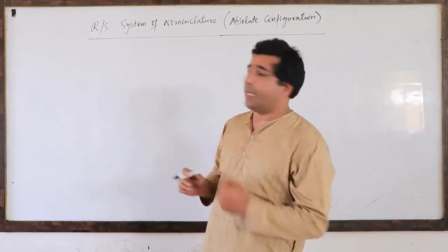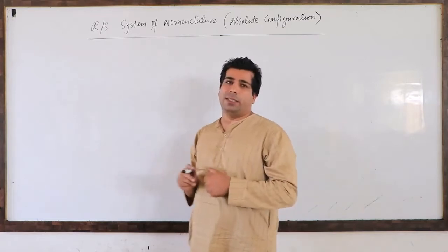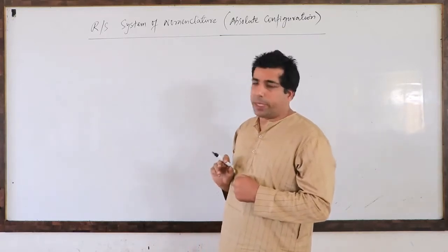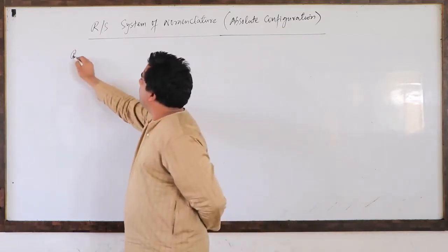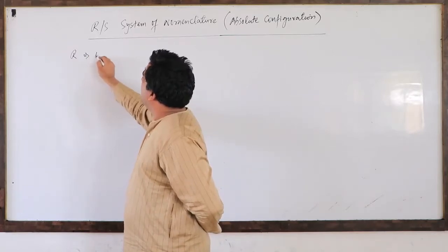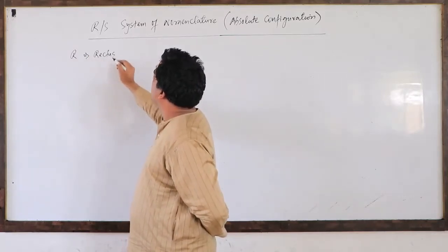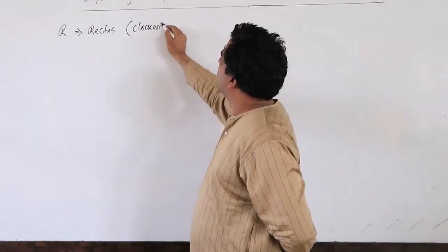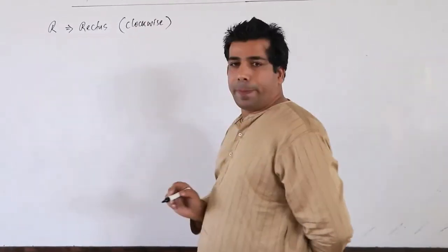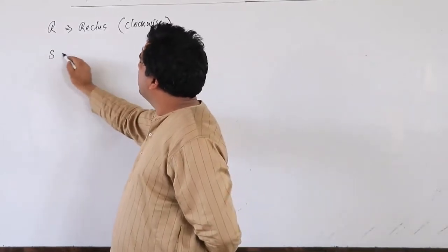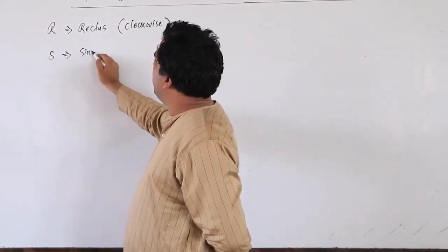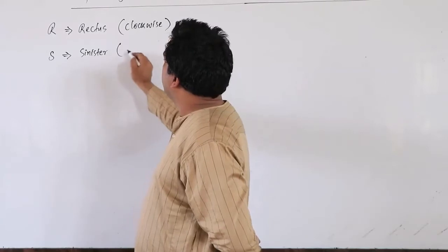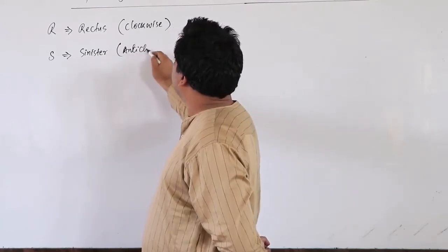Let us first understand what this RS system of nomenclature is. R basically means rectus, and rectus means clockwise. And S is basically sinister, and sinister means anti-clockwise.